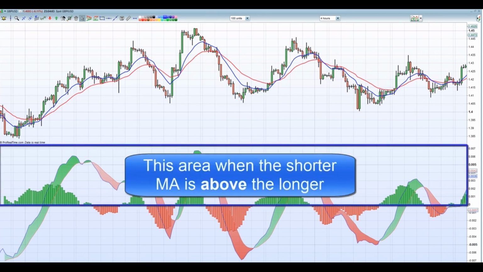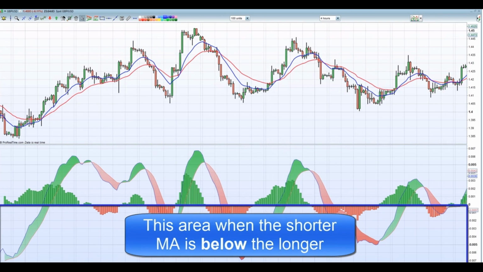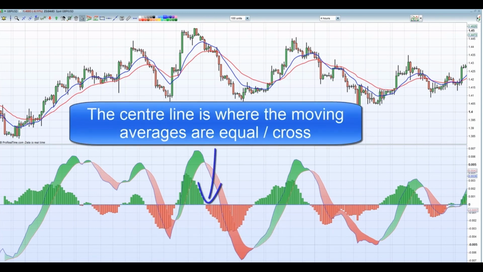When the shorter term moving average is above the longer term moving average, this area of the indicator will show activity. When the shorter term moving average is below the longer term moving average, this area of the indicator will show activity. The center line, which the MACD is plotted around, indicates where the moving averages are equal, and when the MACD passes through the center line, this indicates the moving averages are crossing.